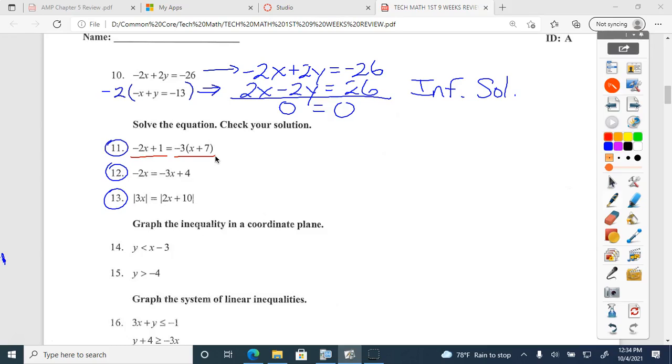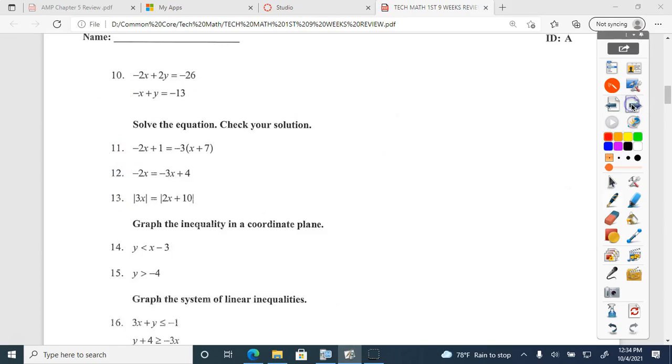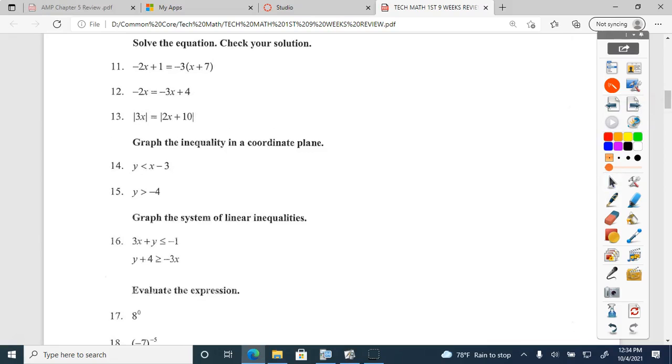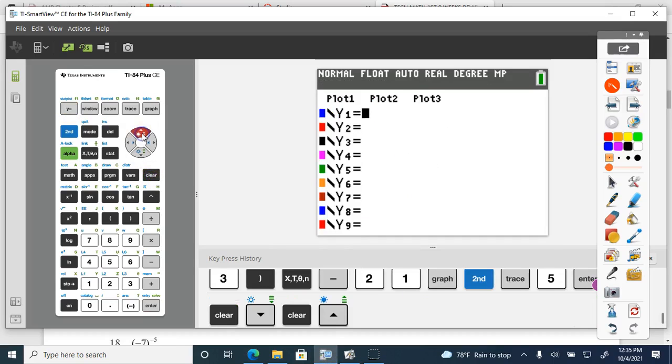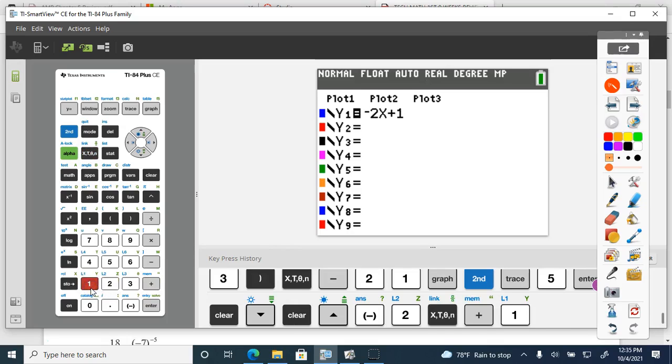So I'm just going to go through them real quick. We're typing all of them in the calculator. Again, the left side of the equals goes on one Y equals, and the right side goes on the other. So when you go to your Y equals, you clear them out. What's the left side of number 11 say? Negative 2x plus 1.